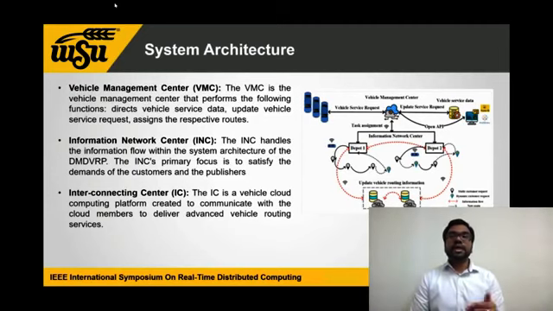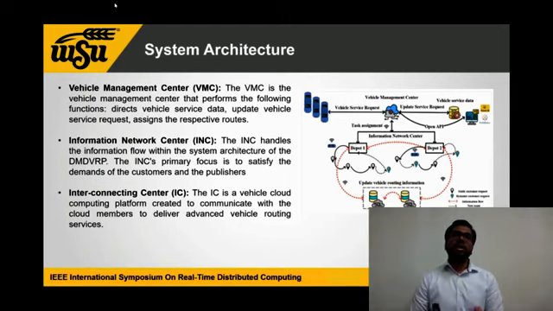And the second phase is the information network center. The information network center handles the information flow in the system architecture of the DMDVRP, as it focuses on satisfying the demands of the customers and the publishers.